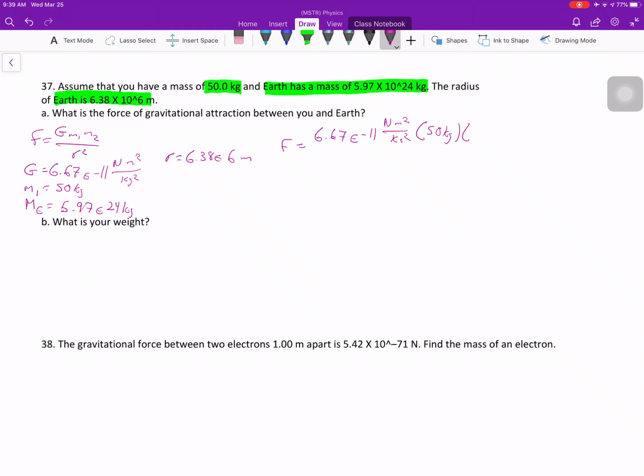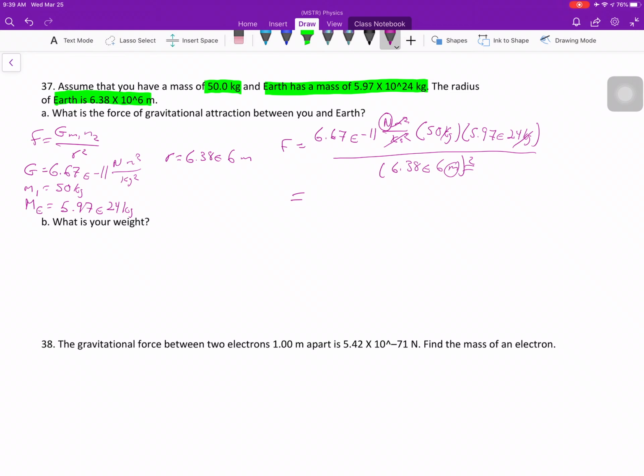Mass 2 is 5.97 times 10 to the 24th kilograms, all over the radius, 6.38 times 10 to the 6th meters squared. As we know, the kilograms up here will cancel out the kilograms down here. The meters down here, once squared, will cancel out this. Our answer's in newtons. We're moving in the right direction.